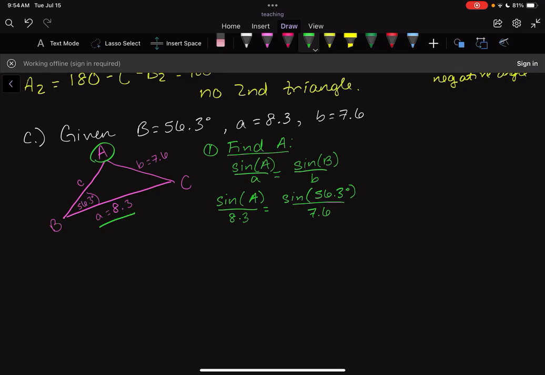I cross multiply to solve for sine A. So here I'm going to get sine A is equal to 8.3 times sine 56.3 divided by 7.6. Then I use sine inverse of all this stuff.